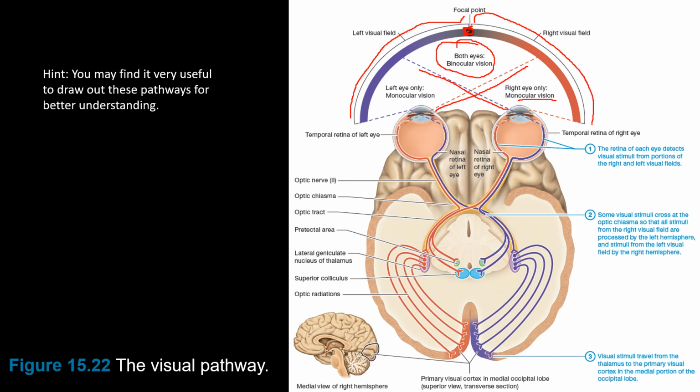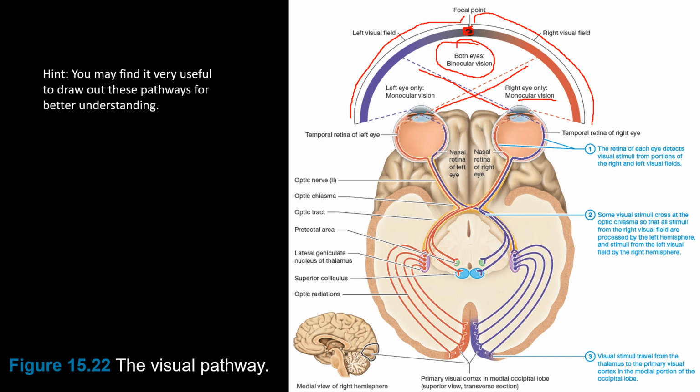For the left visual field, these are able to be seen by the left eye's nasal retina, the region of the retina nearest the nose, and the right eye's temporal retina, the area of the retina nearest the temple.